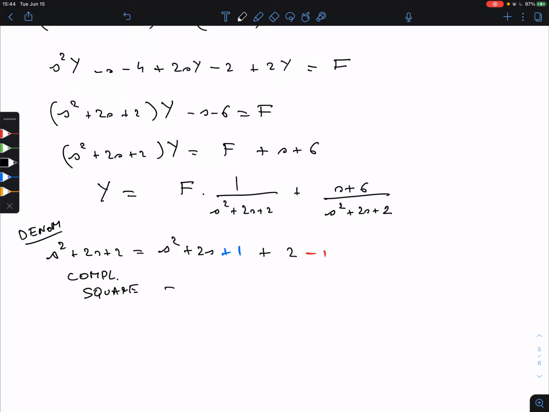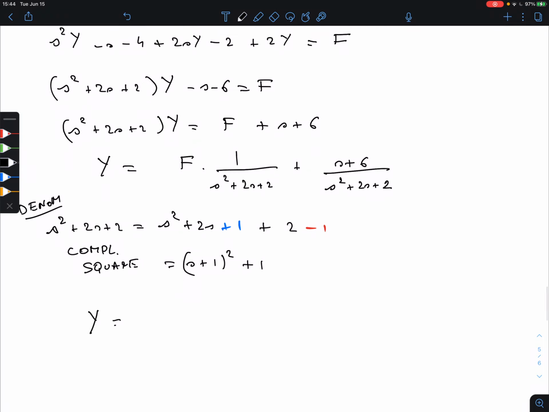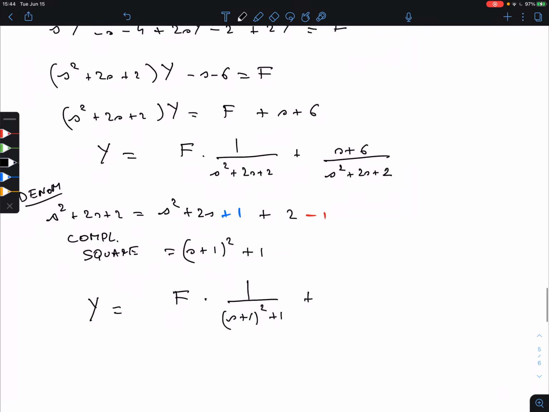So this is equal to (s plus 1) squared plus 1. Okay, so Y is equal to capital F times 1 over ((s plus 1) squared plus 1), plus, now we have this fraction here, (s plus 6) over ((s plus 1) squared plus 1).